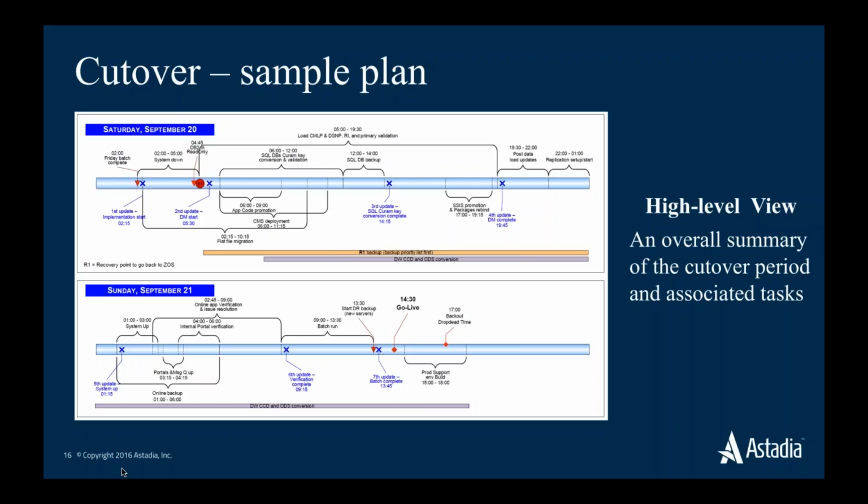You basically just, using a linear representation, represent everything that you think needs to happen that's been verified, where the overlaps are, et cetera, and map that out day 1 and day 2. This is a high-level view that people can look at and get an idea of what's going on.